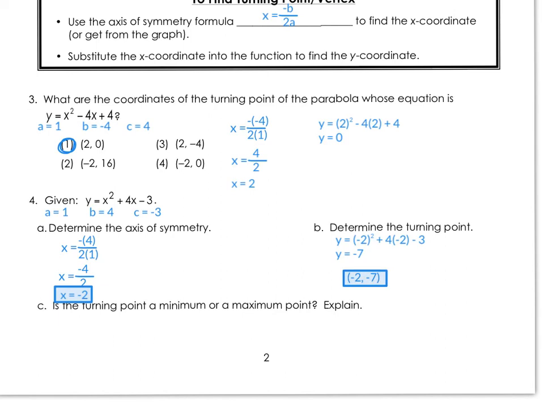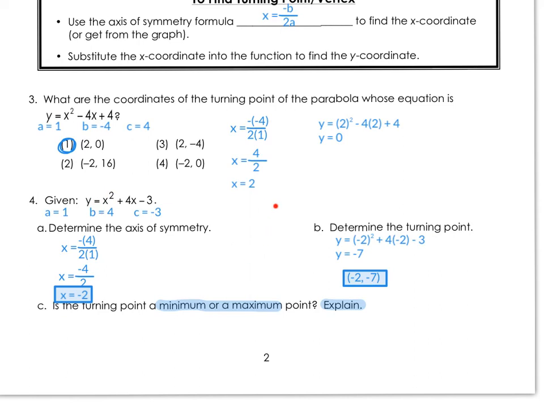Now, the next question says, is the turning point a minimum or a maximum point? And we need to explain. We have a couple options for this. One would be to put it in the calculator and then look at the graph to find out. But the other option is to think of what I talked about on the first page. I said when we have a positive a value, the parabola is a smiley face parabola or opening upward.